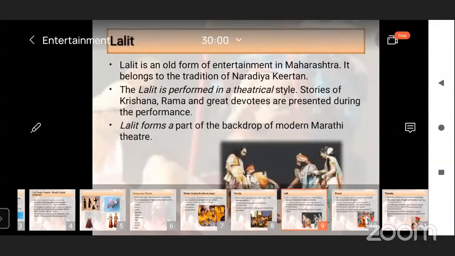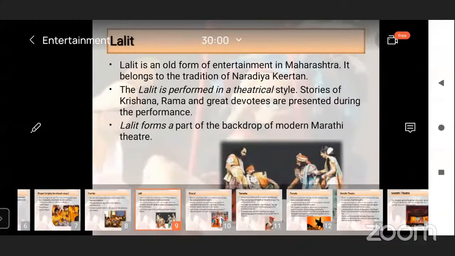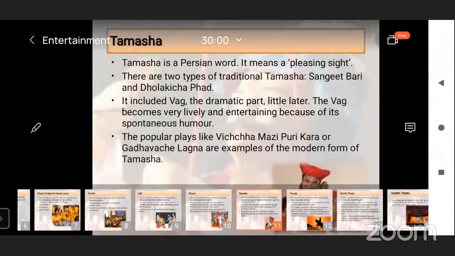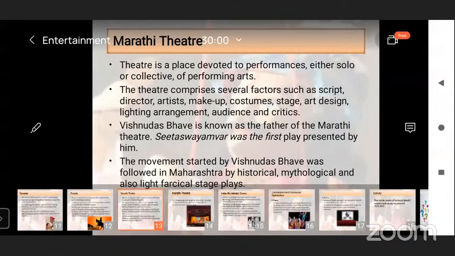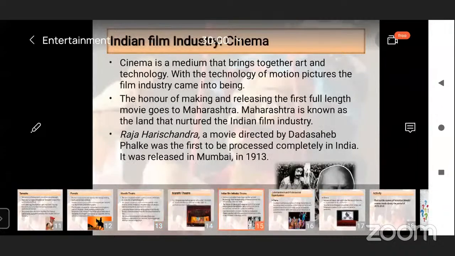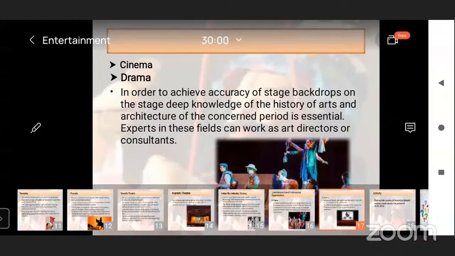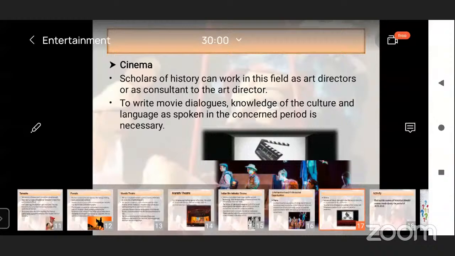After Kirtan, we completed Lalit, then Bharud, then Tamasha, Kovda, Marathi theatre. Then we completed the Indian film industry, which we did today. In the Indian film industry, the professional opportunities which are involved, in drama and in cinema as well.